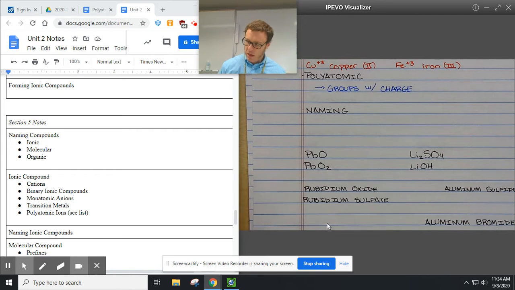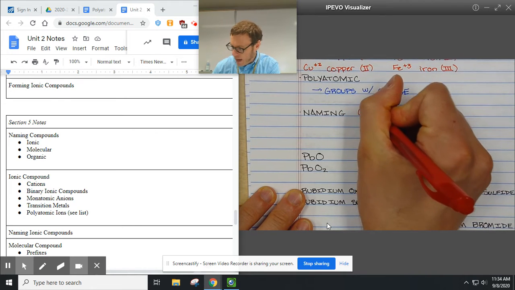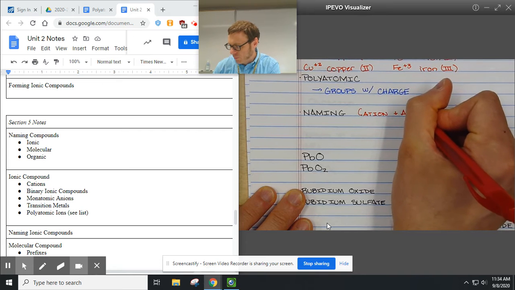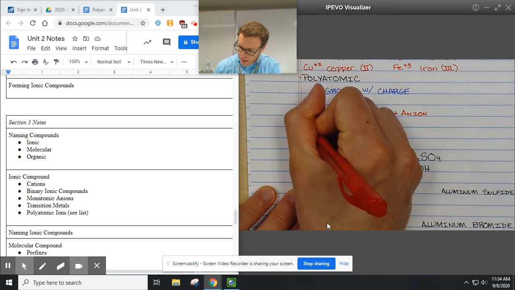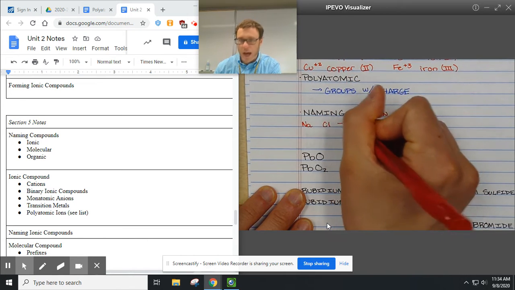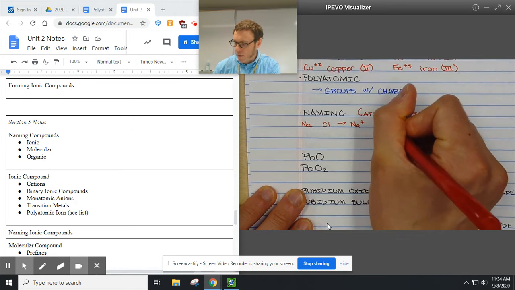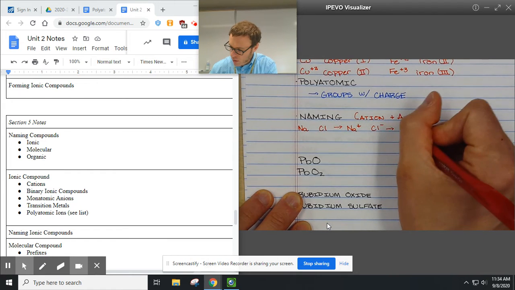Now, naming becomes fairly straightforward. All right. It's just cation, because we write the cation first, plus anion. So here what we do is if we have Na and Cl, well, I know those ions are Na plus and Cl minus. All right, our formula is going to be NaCl.